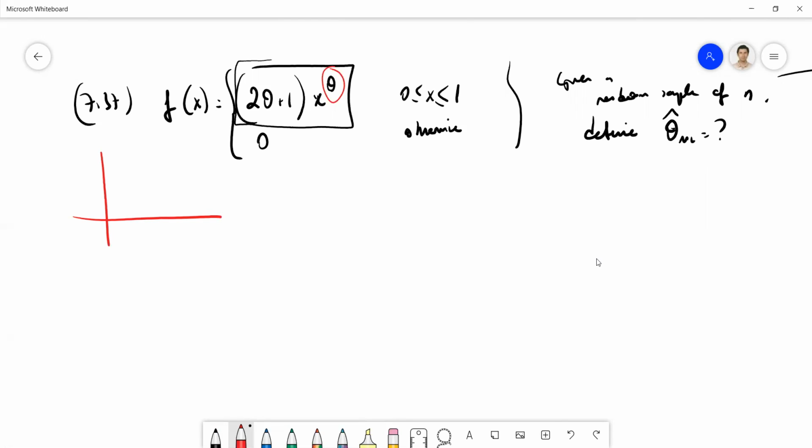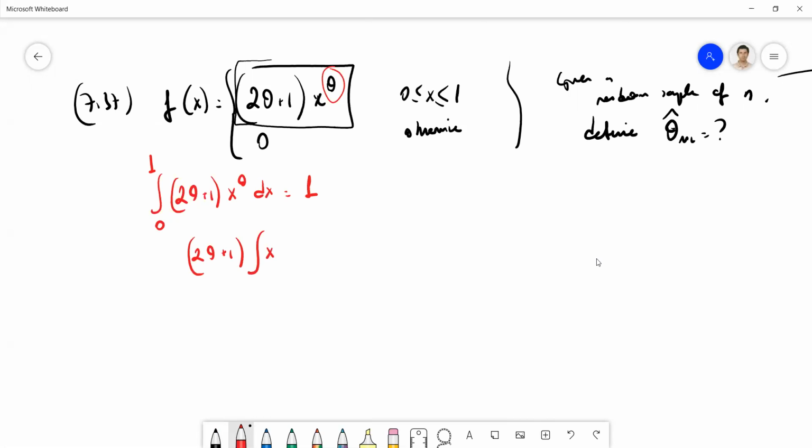Well, actually, I just realized that we may do a trick related to this. Since this integral between 0 and 1 should be equal to 1, can't we find, using some mathematical trick, this parameter here?